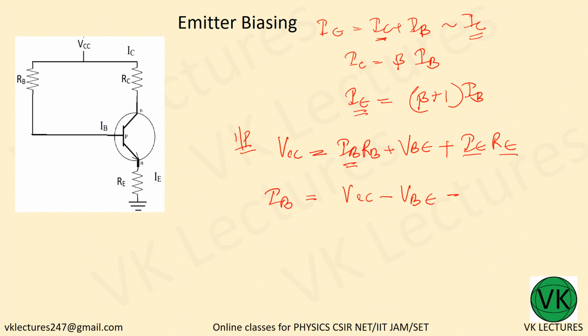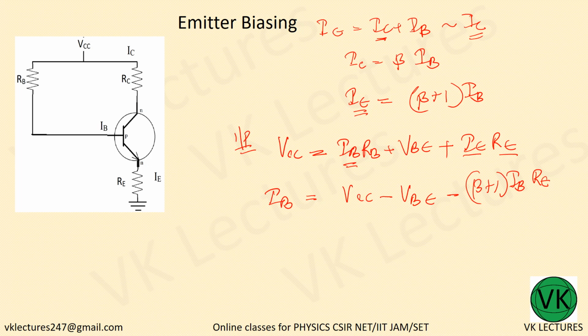IE is nothing but beta plus 1 into IB. So beta plus 1 into IB into RE. Right? Now this beta plus 1 IB is there, you can take it also to the outside.